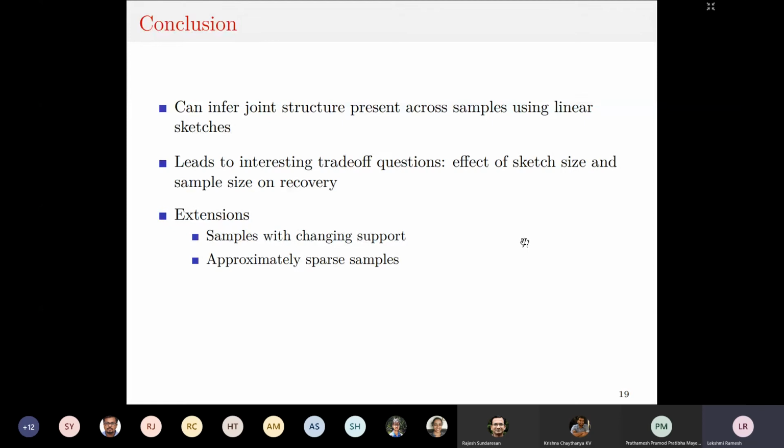This problem is much harder than the common support problem that I have explained here. That difficulty mostly comes because you don't know which support was drawn for each sample, and some different techniques are required. A simple thing that you can do is to first estimate the union of the supports, and that can be done using the common support algorithm that I mentioned. Once you have that, some other techniques are required to estimate each of the supports individually.